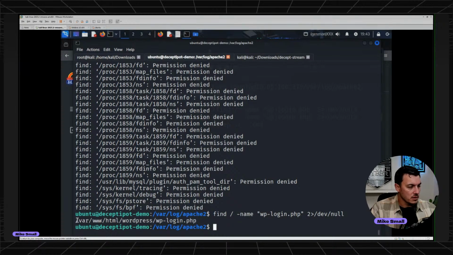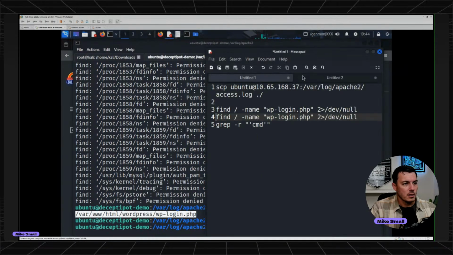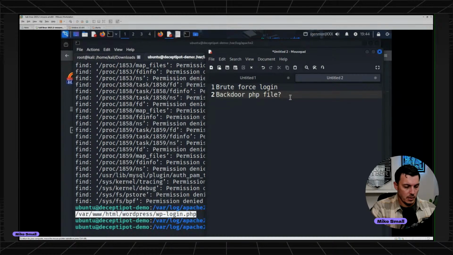This makes sense. So let's navigate here, and I'm going to put this in my notes real quick. I clicked the wrong button there. We'll put it here. And we know what the directory is.